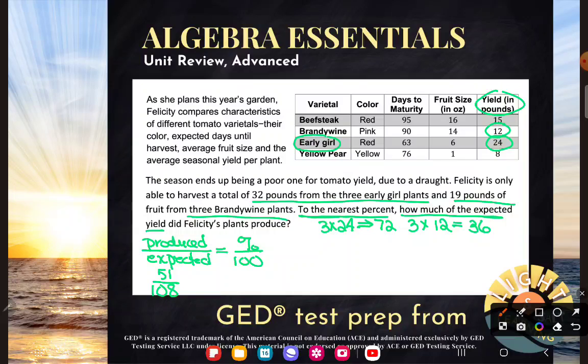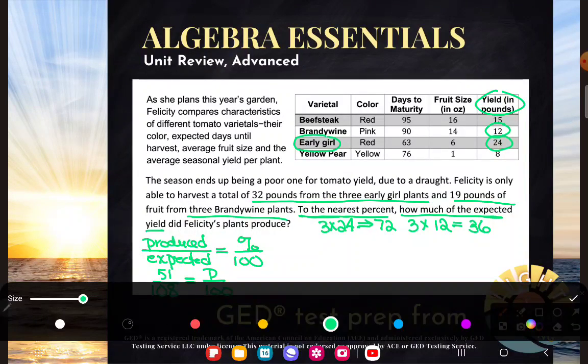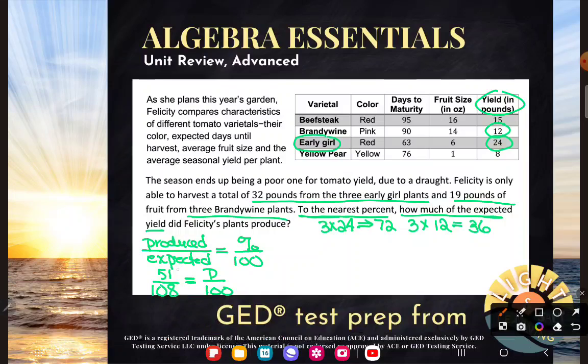Okay, so the produced out of the expected is going to be equivalent or equal to the percent I'm looking for. Let's call it P out of 100. And now that it's set up like a proportion, I can solve this. So lovely. I love when it's a proportion, a fraction equal to a fraction, because I can use my wonderful principle that cross products are equivalent. So actually, let's start with this cross product. P times 108 is 108P.